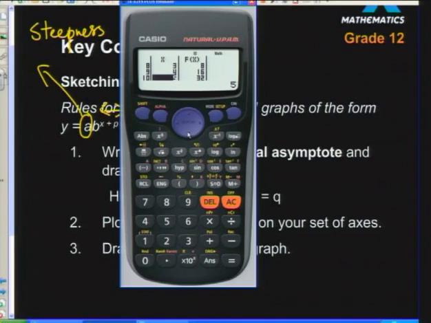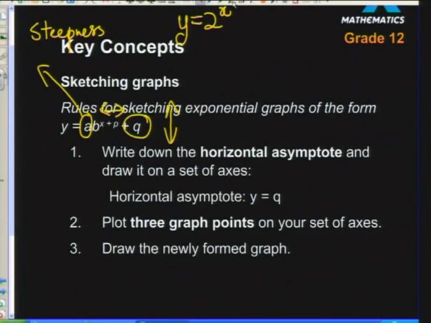So we need to know, for a graph in the form y is equal to a to the power x, as long as a, now that's in this case my 2, is bigger than 1. So let's just write there, a is bigger than 1. What your graph is going to look like is like this.